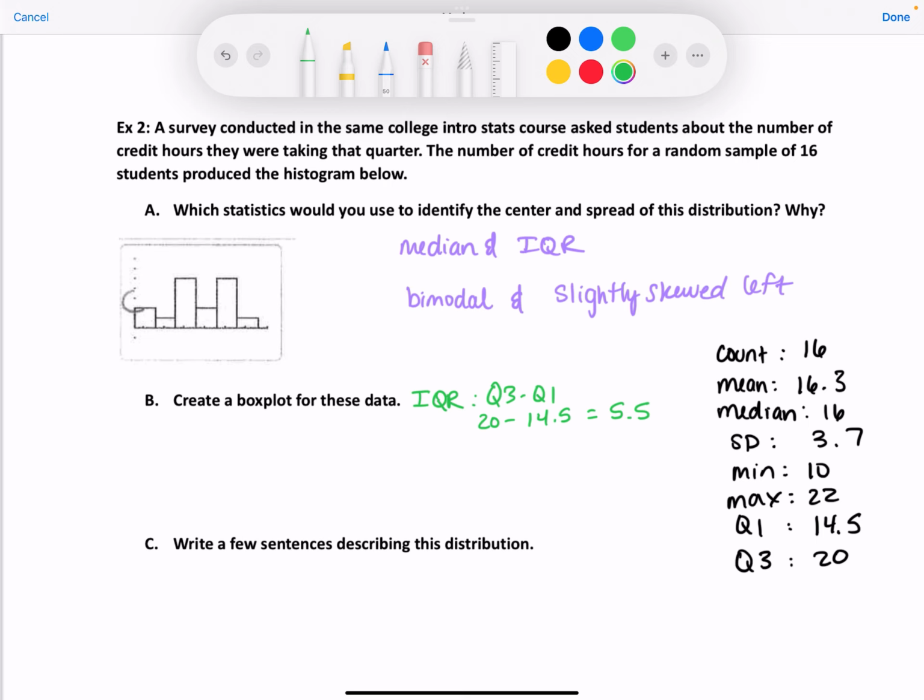So, down here I'm going to create a box plot for these data. So 0 to 25, increments of 5. And this is number of credit hours.